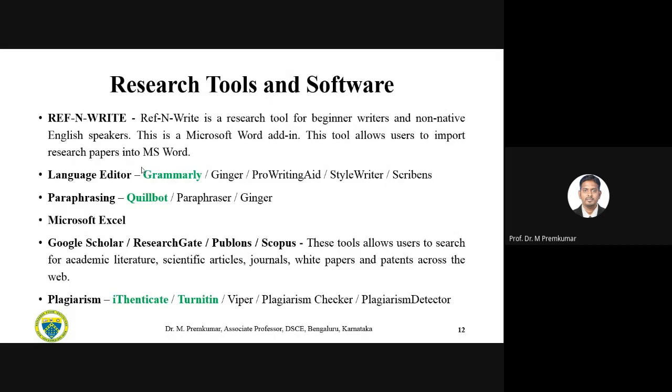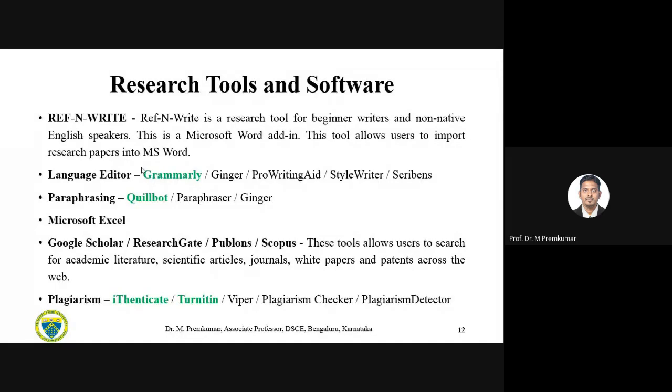Okay, and the next very important tool is Google Scholar. As I said, you need a profile on Google Scholar, ResearchGate, Publons, and Scopus. These platforms are useful to find related papers and related researchers.